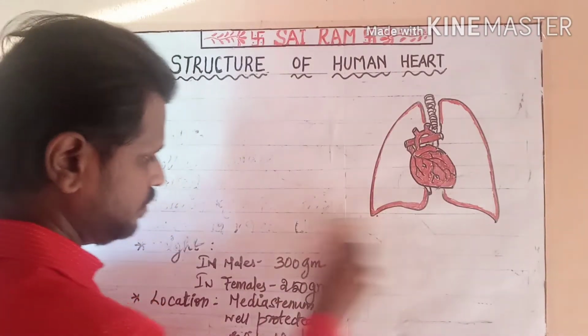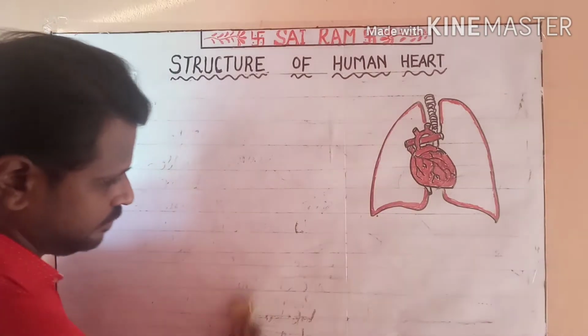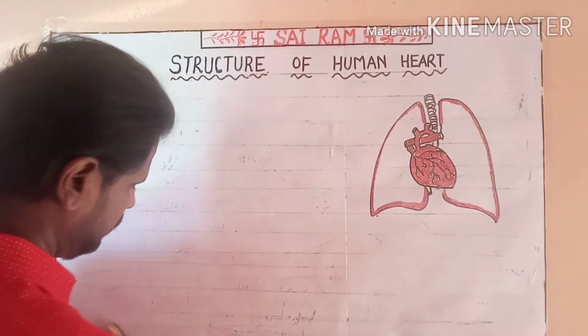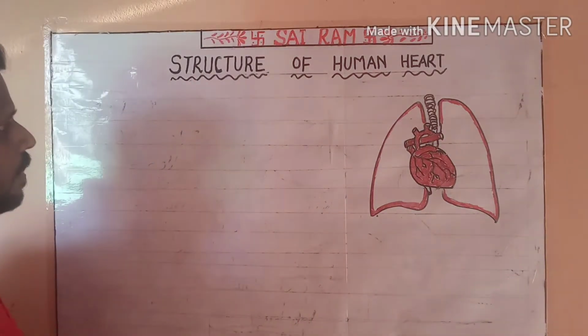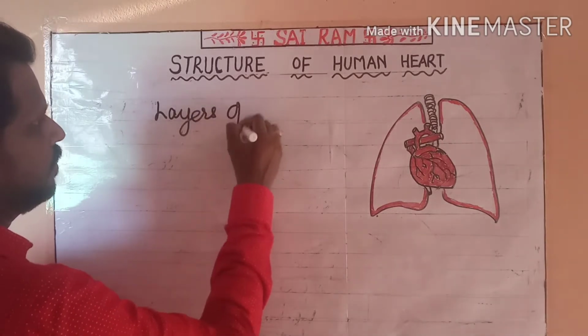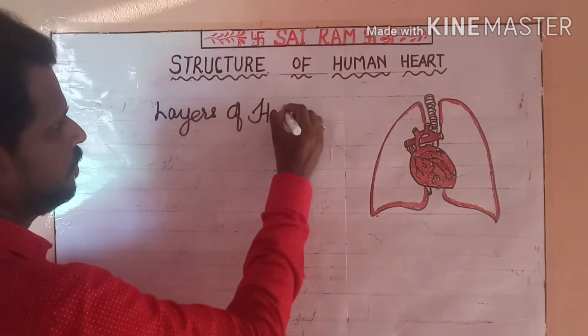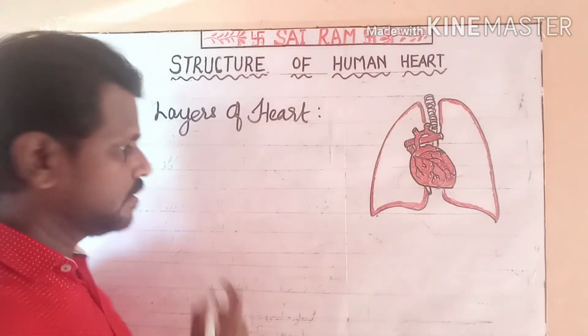Next we are going to learn about the layers of the heart. Heart is divided into 3 layers.